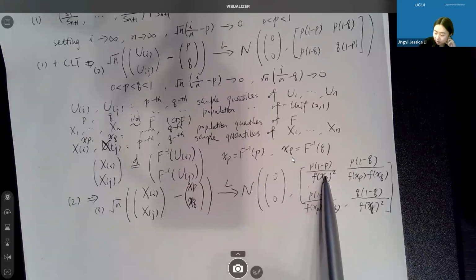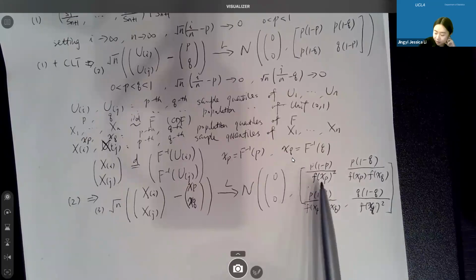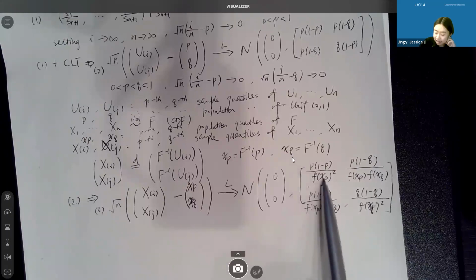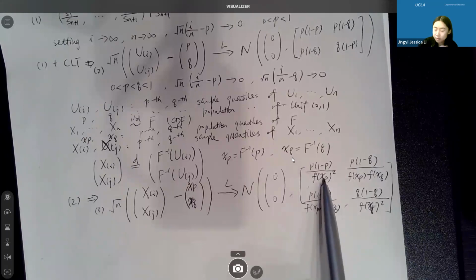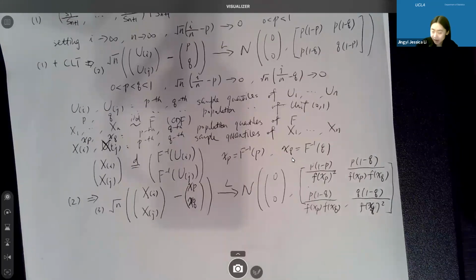It means that when there's a larger density, we are likely to have more data points observed around this population quantile in our sample. So with more data points around this population quantile, we can estimate it with better accuracy. So that's the intuition behind why we have this density here.